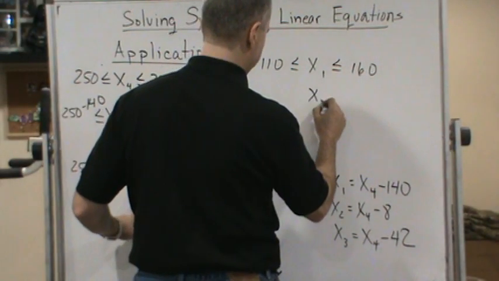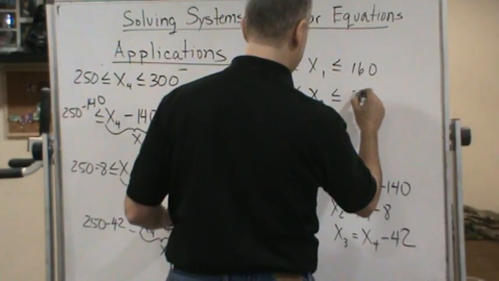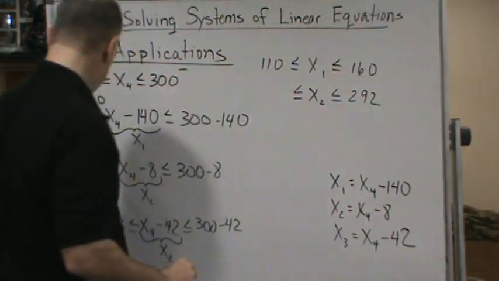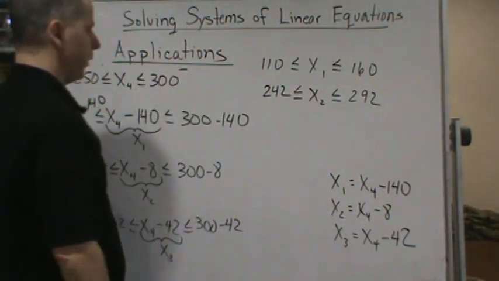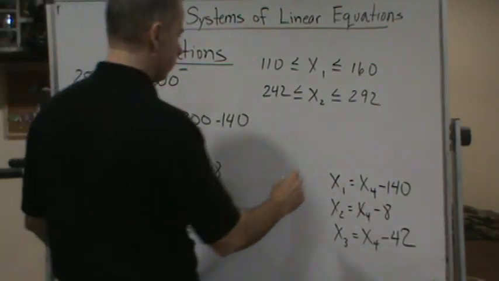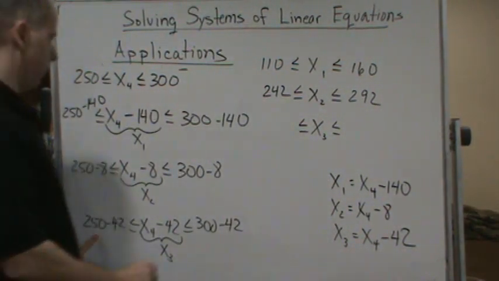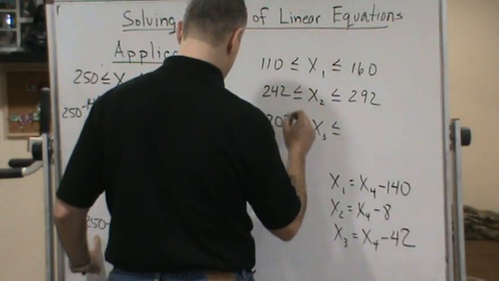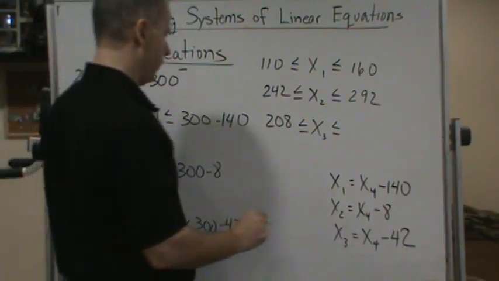X2 is going to be between 242 and 292. And X3 is going to be between 208 and 258.